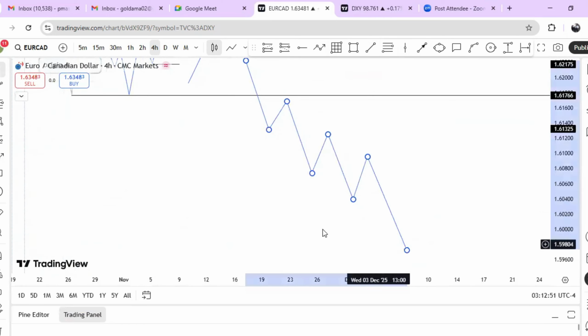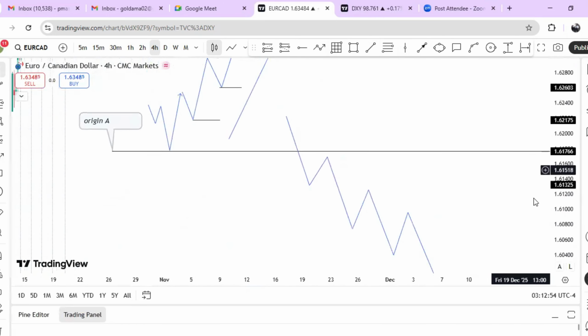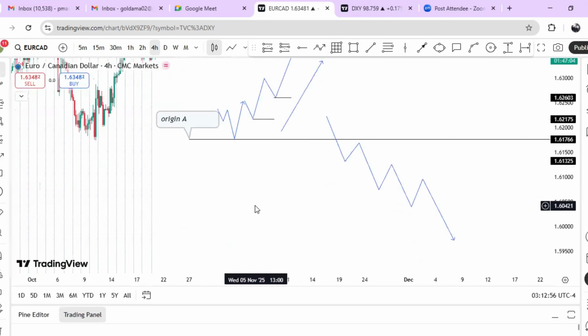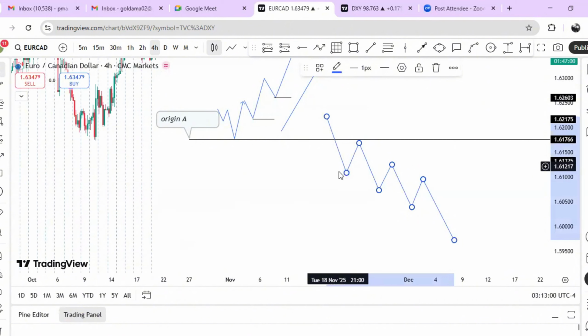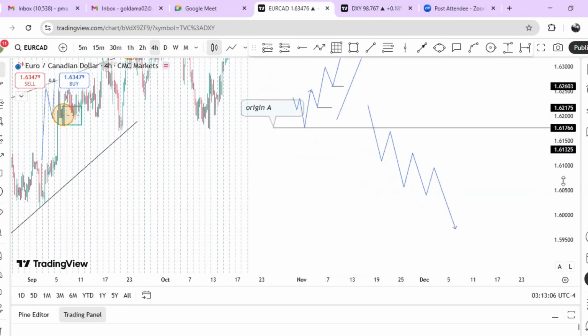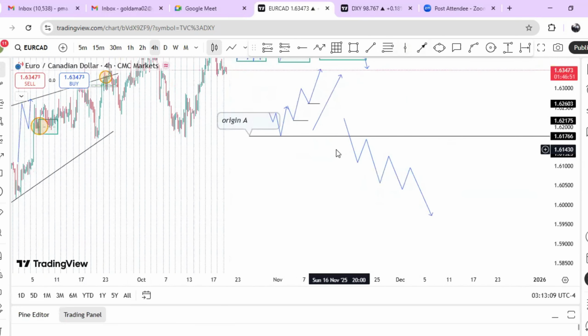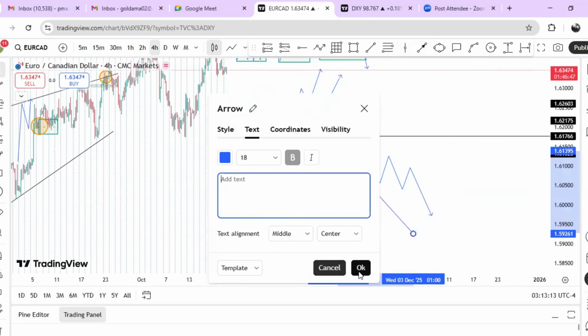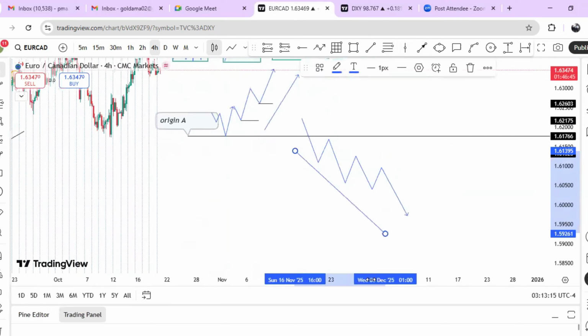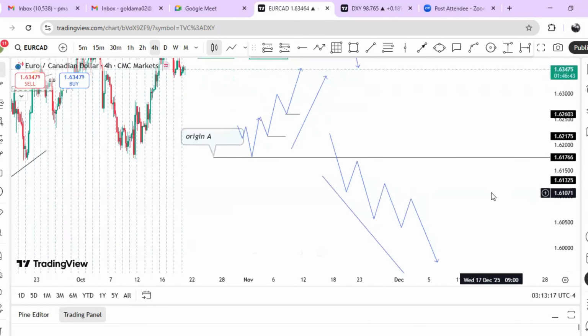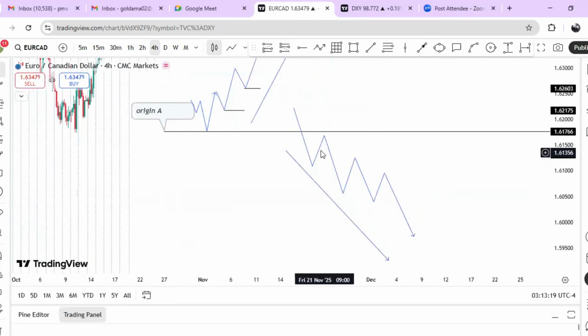In as much as the market is still below the origin point A, and you have an impulsive push to the downside, correction, impulse, correction, impulse, correction, you are in a bearish market. And take note of the length. You can see the correction leg is always smaller compared to the length of the impulsive push.